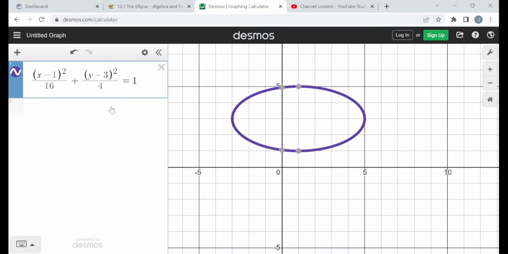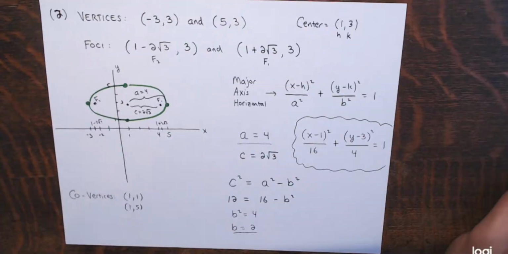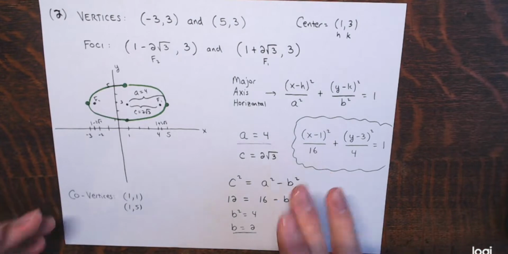The center should be at (1, 3). If I plot the point (1, 3), there it is. And then remember, a was 4 units. 4 units to the right, there's (5, 3), one of the vertices they gave us. And then 4 units to the left, there's (negative 3, 3), another vertex they gave us. So this has all the proper information. This is a good graph, good equation. All right. So another one like this.